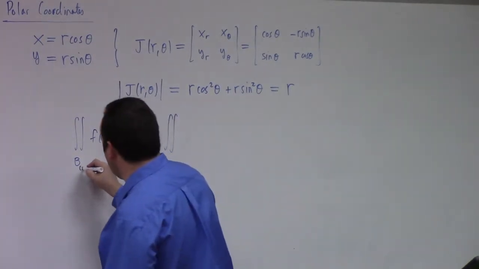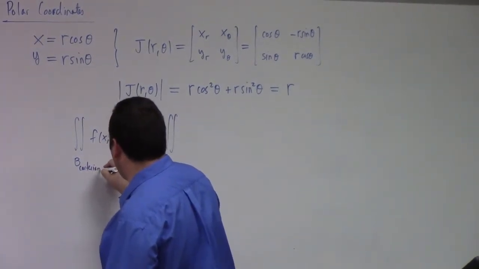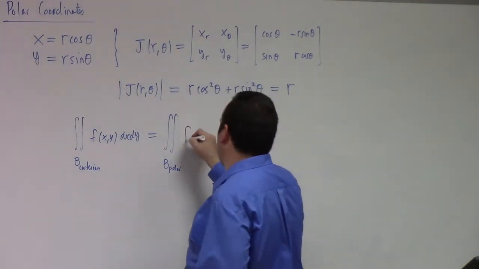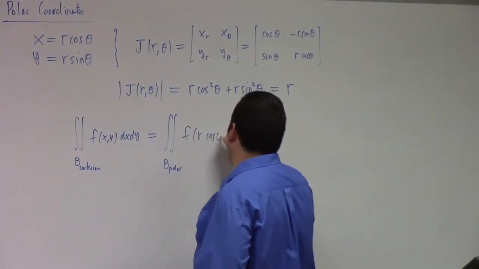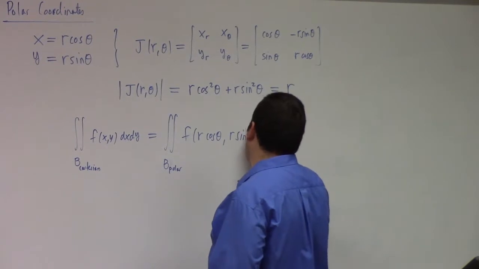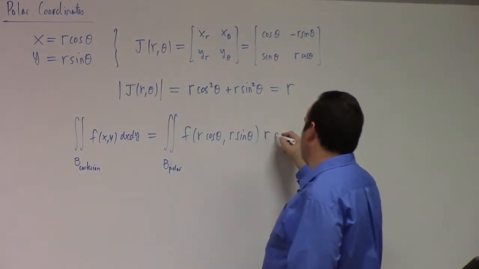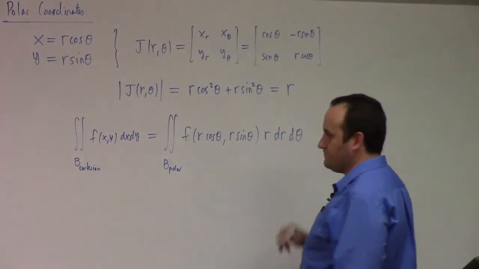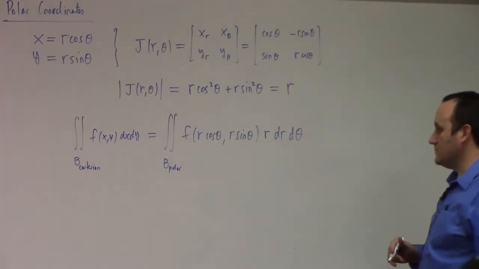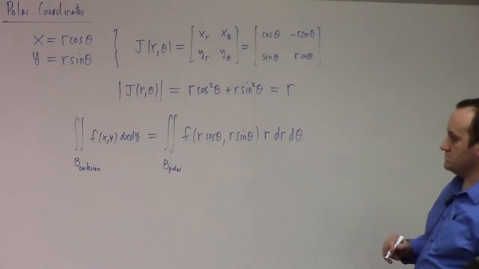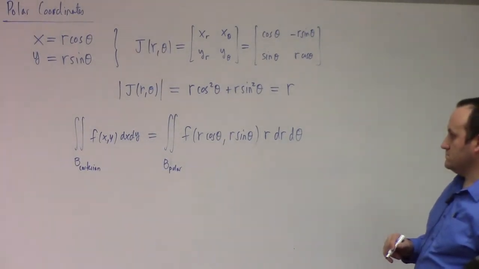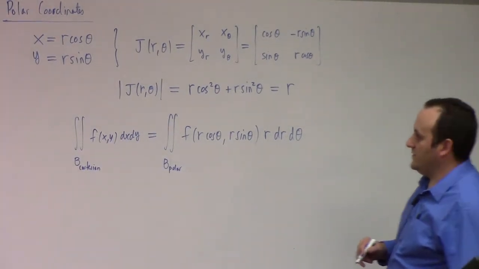So here's B Cartesian, f of r cosine theta, r sine theta, r dr d theta. Yeah, that makes sense, because you had r and theta on both sides of the equal sign the first time you tried to write that out.